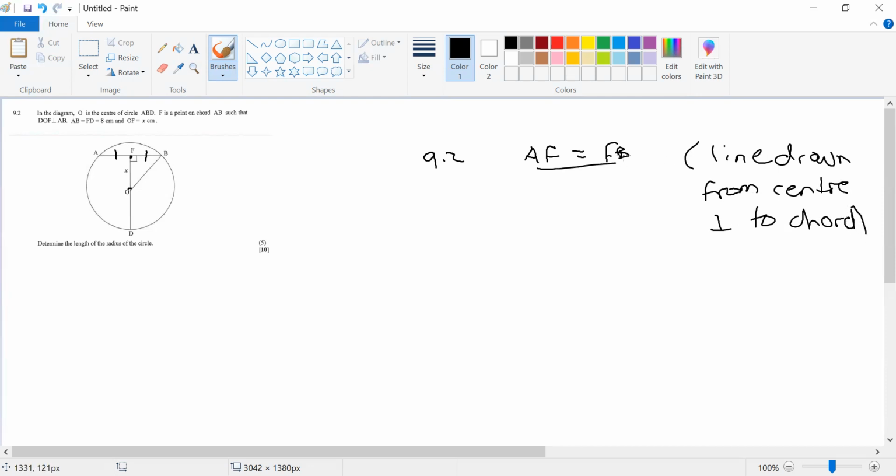So I have one bit of information, and that actually does help me because I know that the whole distance from A to B is 8 centimeters. And since I know that it's divided in half, that AF is equal to FB, I can safely say therefore AF is equal to 4 centimeters and FB is equal to 4 centimeters.